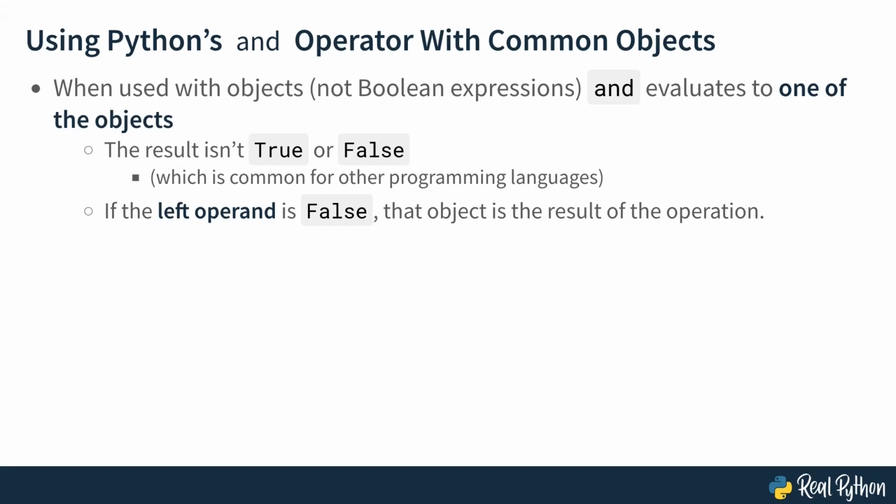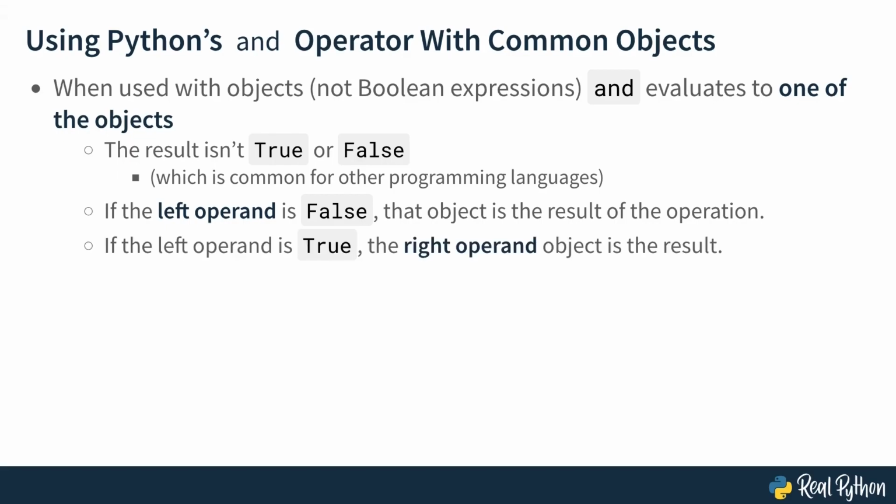Remember how I phrased something in an earlier lesson. If the first operand is false, that's what's returned. That meaning the first operand. If the first operand is true, then the second operand object is the result of the operation. As you heard me say earlier, I carefully phrased these results in this manner before, so that it would match up with a more general case you're learning now.